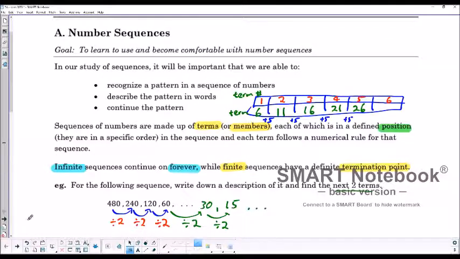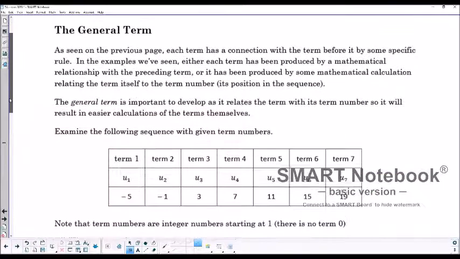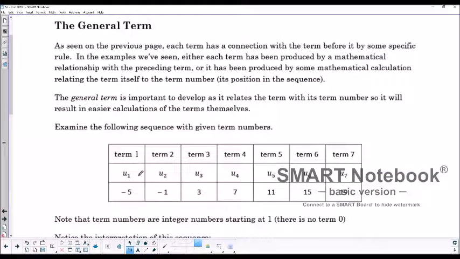So when we look at general terms, we want to see how in the world the term itself relates to the term number. So when we look at this, how does -5 relate to the first term?